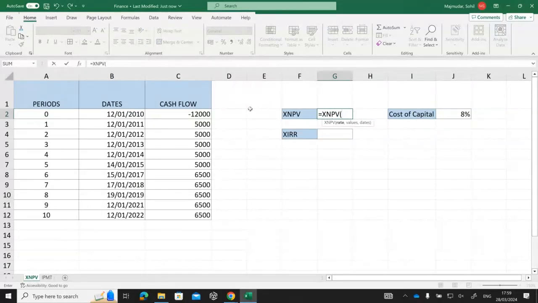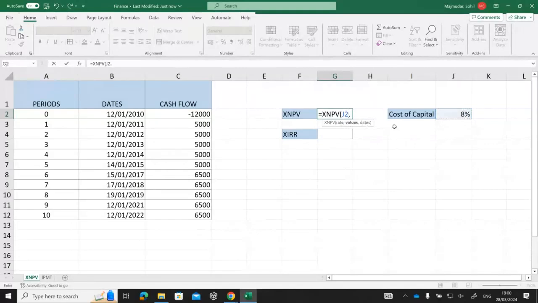In XNPV there will be three things: the cost of capital, which is the rate, then the values, and then the dates. So the first thing you do is click on the rate, which is the cost of capital. The second is the values, and the third is the dates.